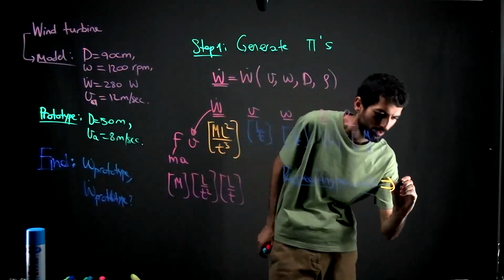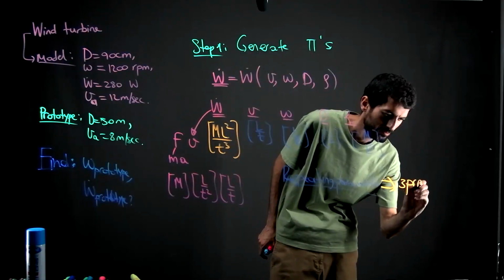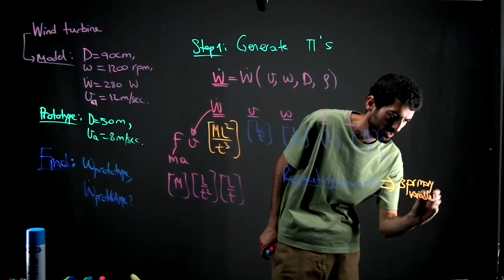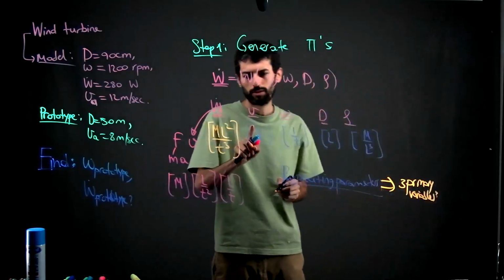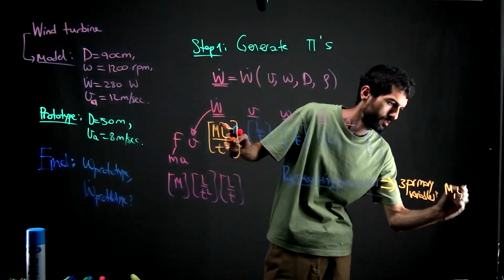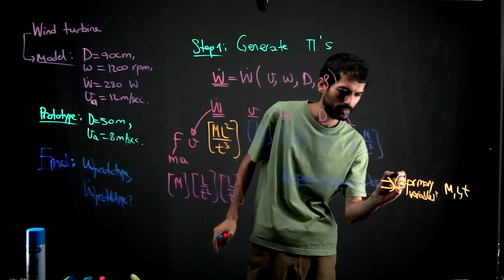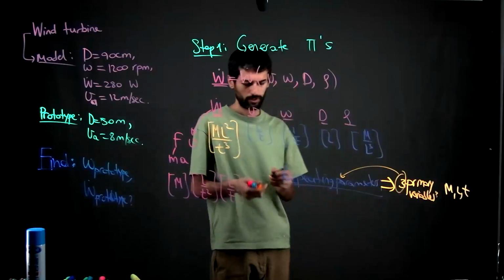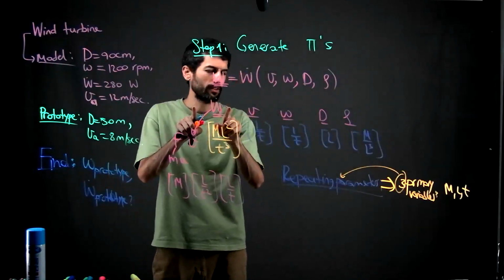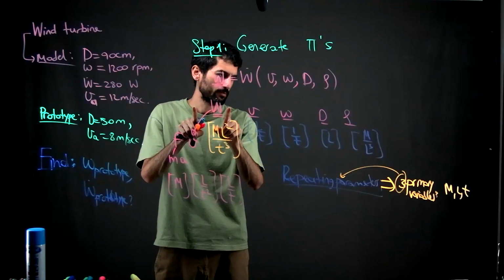So we have 3 primary variables. In the problem, you can see we have the length, we have time, and we have mass. Okay? That means that we will need 3 repeating parameters. So as we said, this one cannot apply because this one is the dependent parameter.